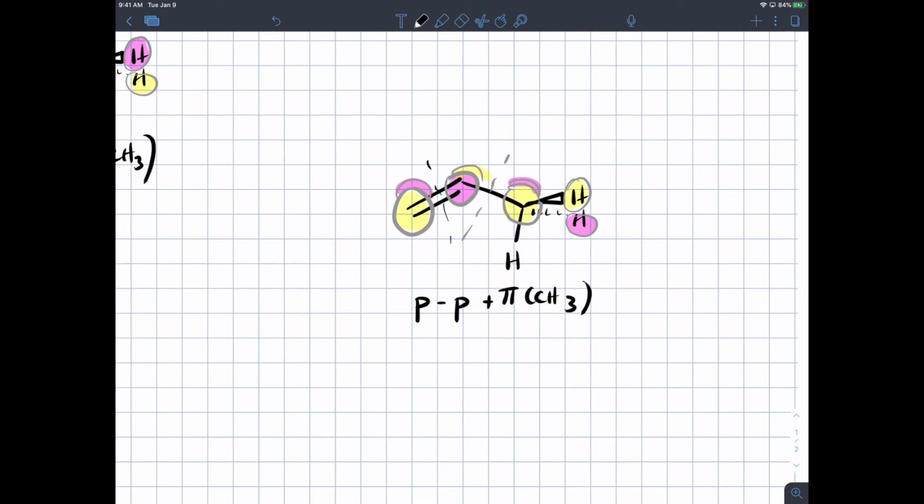What you were saying would be minus P plus P minus pi CH3, and that's exactly the same thing. In the topmost orbital, we alternate phases, so the wave function on each carbon has to have opposite sign. All right, good. Others? Questions?